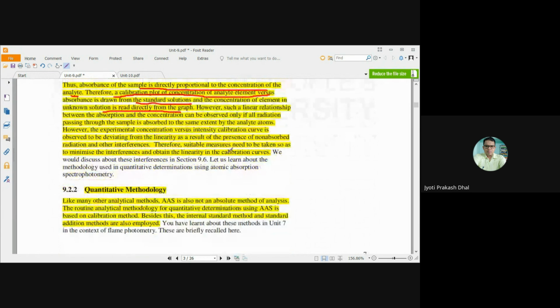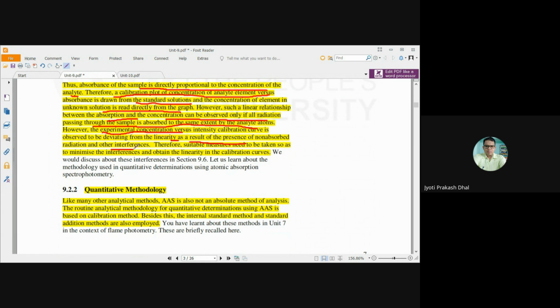However, the linear relationship between absorption and concentration can be observed only if all radiation passing through the sample is absorbed to the same extent by the analyte atoms. However, the experimental concentration versus intensity calibration curve is observed to deviate from linearity as a result of the presence of non-absorbed radiation or some other interferences.